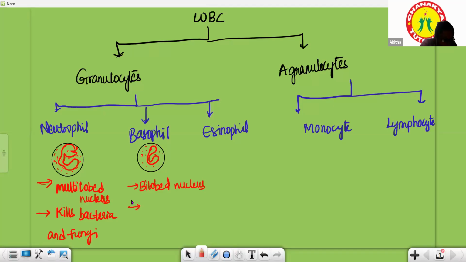And what is the function of this basophil? It is inflammatory in function. So it responds to inflammatory activities, the inflammatory response. So this is about basophil.